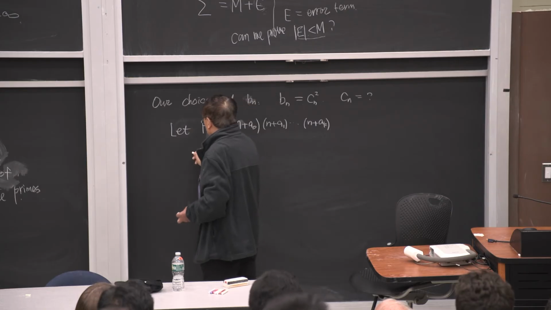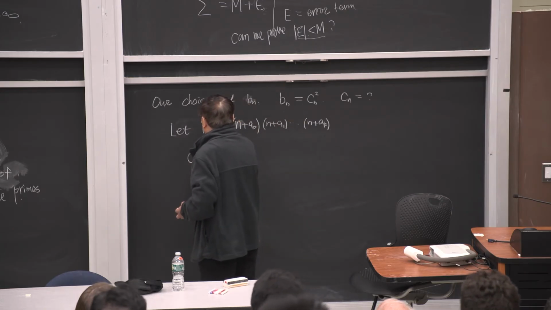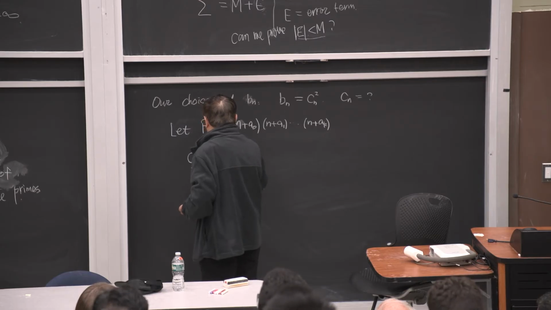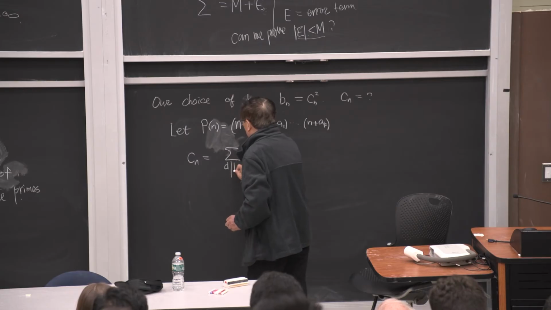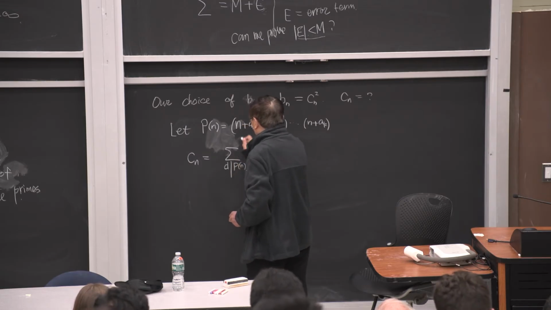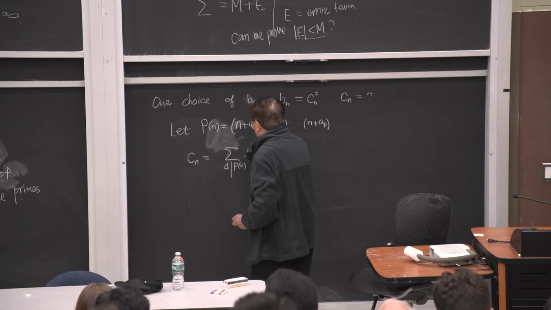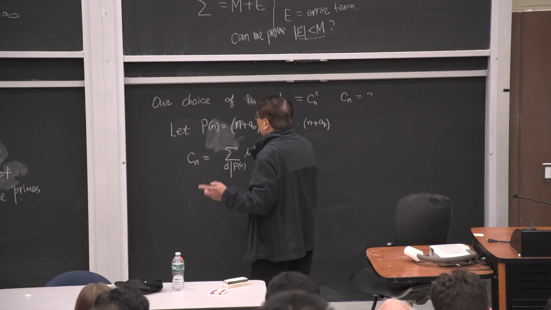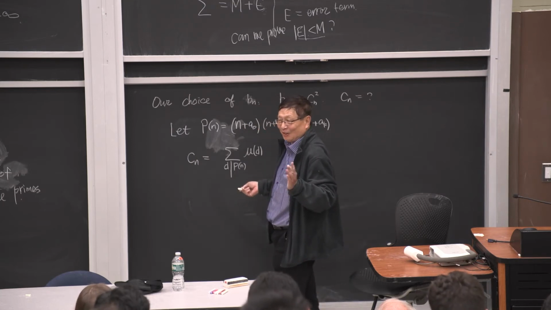Then we choose Bn is Cn squared, Cn equal to the sum over D, not only D divides n, D divides the P of n, this polynomial value. And here we have the mu of D, and another function, that's very indirect, sorry about that.